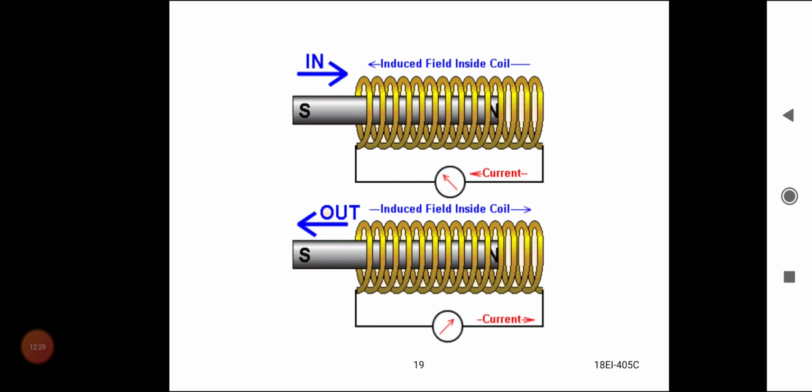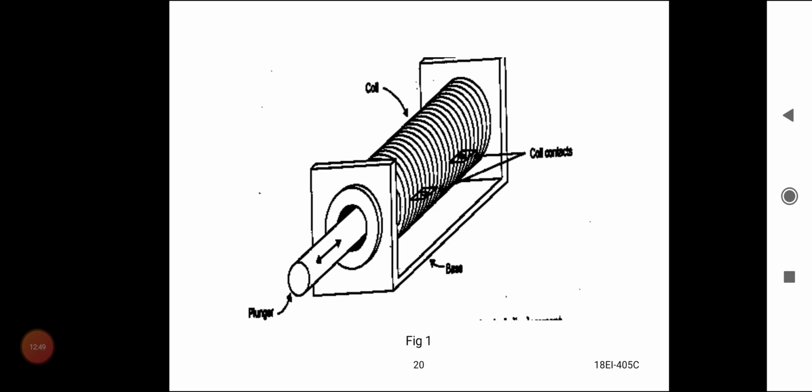When the current is flowing, the induced field inside the coil moves the plunger out. When the current is in the opposite direction, the plunger moves back. Whenever an AC or DC signal is applied to the solenoid coil, the induced EMF causes the plunger to move in a straight line, with displacement x, the linear movement of the plunger.